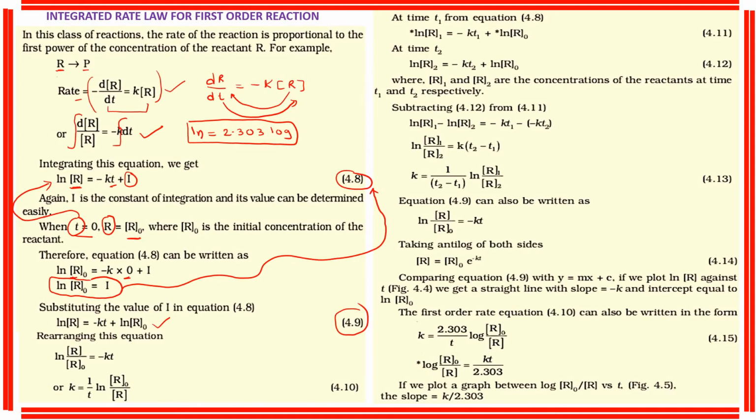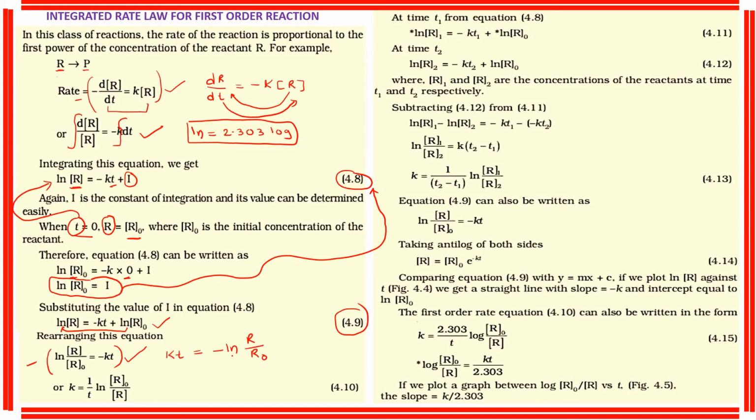Now you rearrange this expression by sending ln R naught and ln R to the left hand side, so we get this expression. After that I multiply this with minus, so we get Kt is equal to minus ln R by R naught.